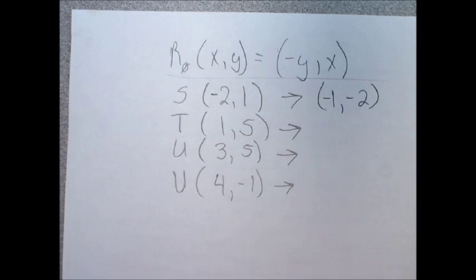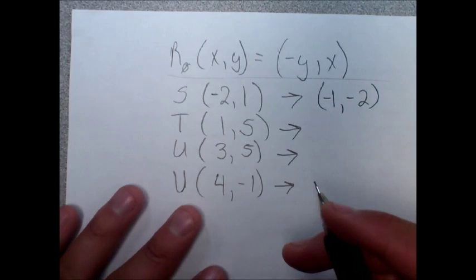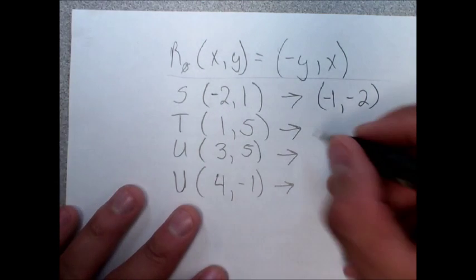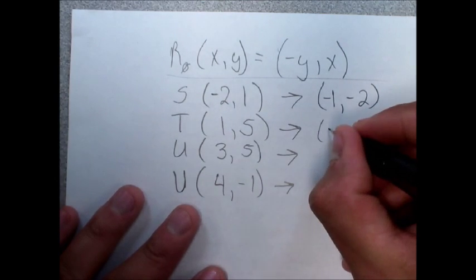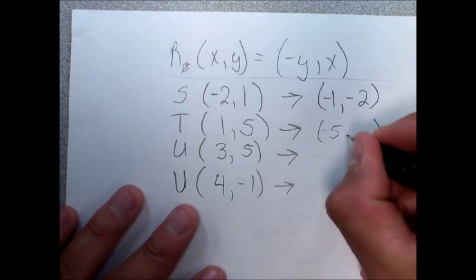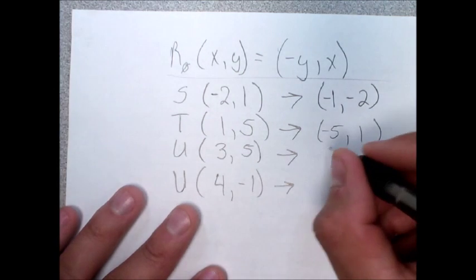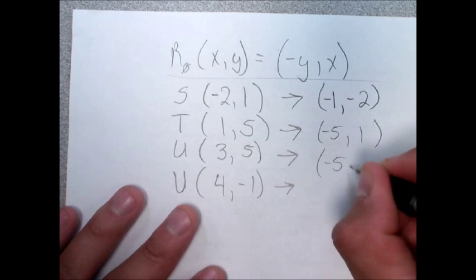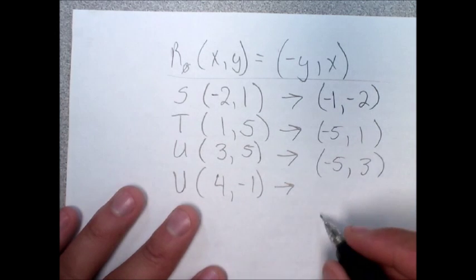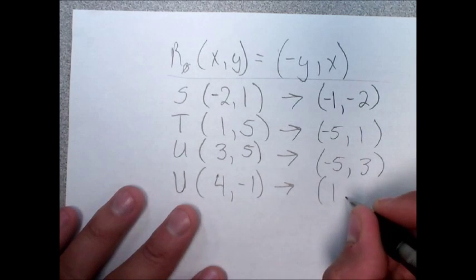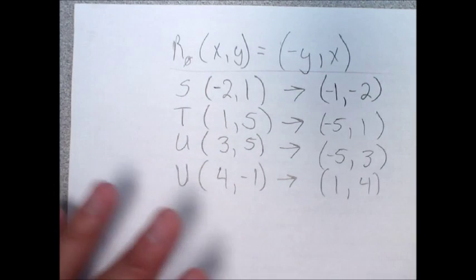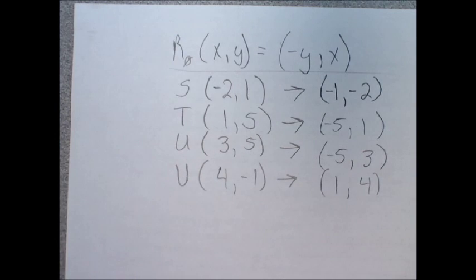Those are not points on a plane if you don't do it. All right, and again, I'm going to flip them and change the sign of the one in the front. So -5, 1. Next one's going to be kind of the same thing, -5, 3 though. And then the next one's going to be +1, 4. Okay, because it was a negative before, it turns positive. Any questions about it?